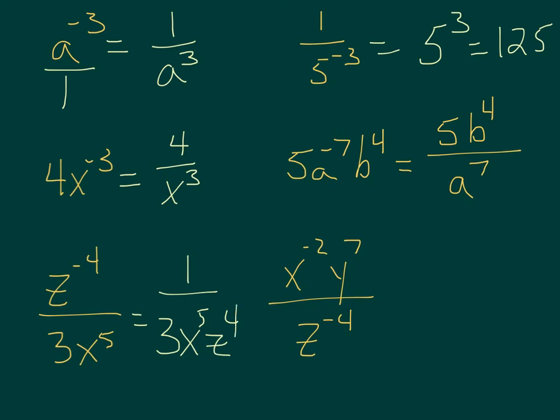On this final one, the only base that isn't moving is the y. It's the only one with a positive exponent. So the z is going to move up top and the x is going to move down bottom. So you would have y to the 7th, z to the 4th over x squared.